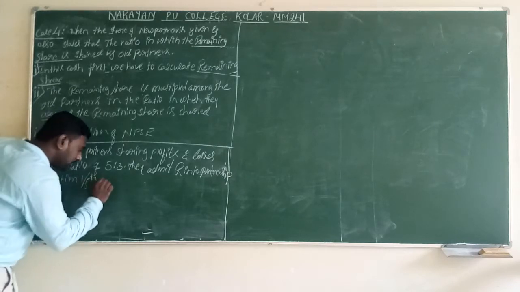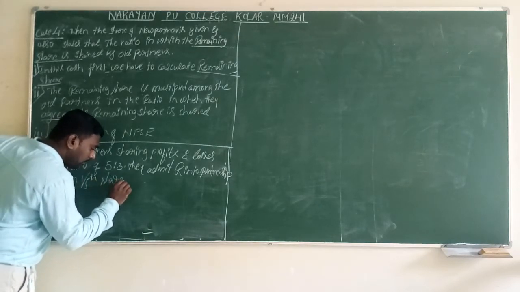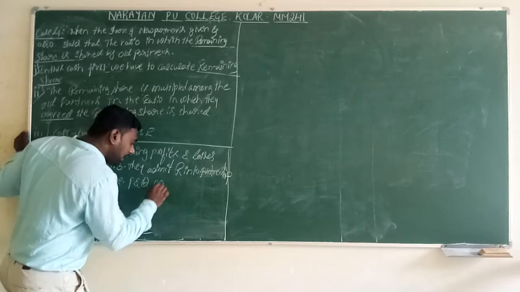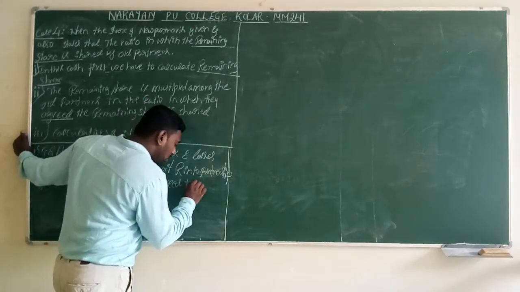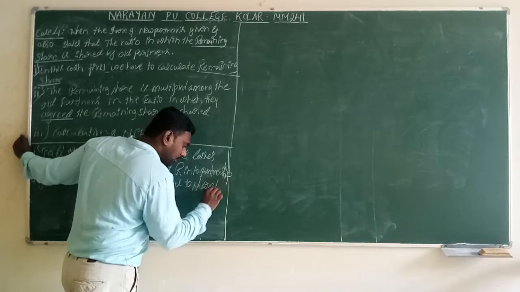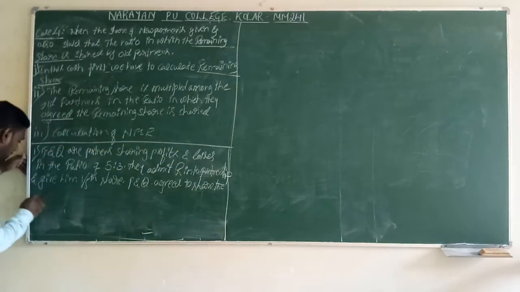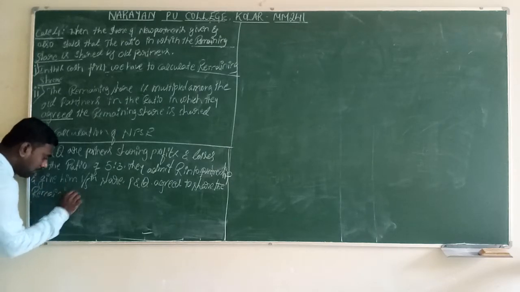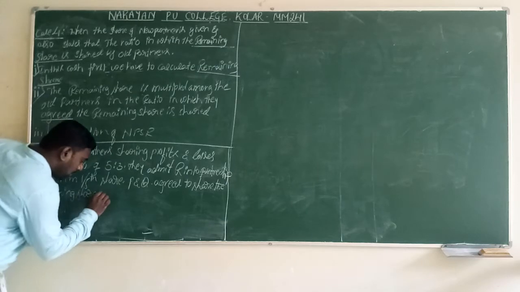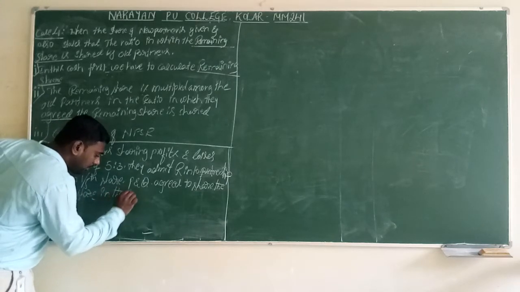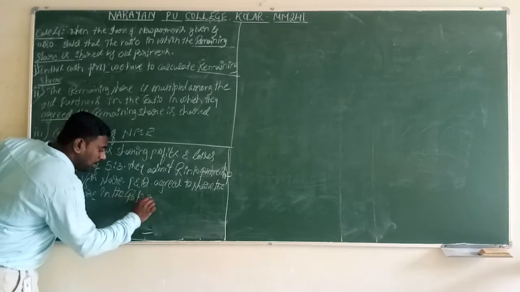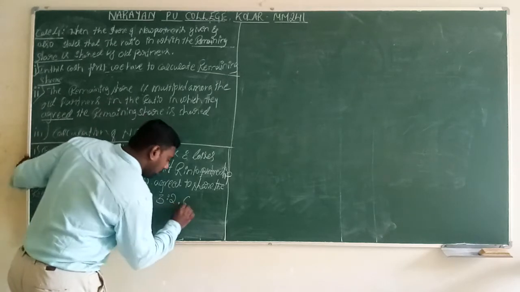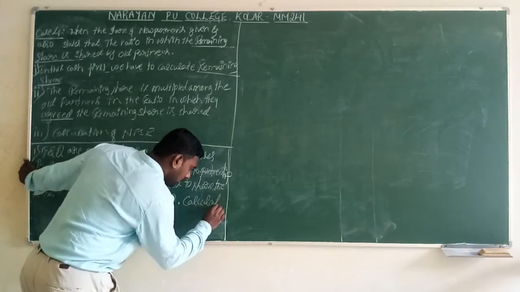P and Q agreed to share the remaining share in the ratio of 3:2. Calculate the new profit sharing ratio.